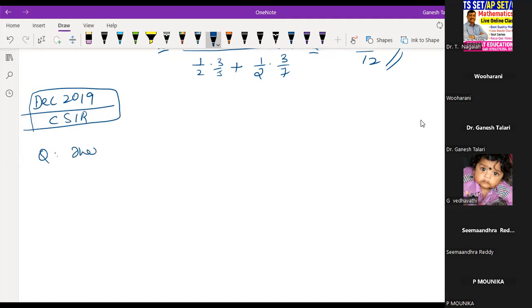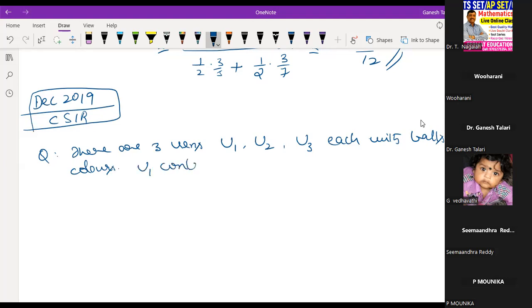Question is, there are 3 urns U1, U2, U3, each with balls of 2 colors. U1 contains 2 white and 3 black balls.